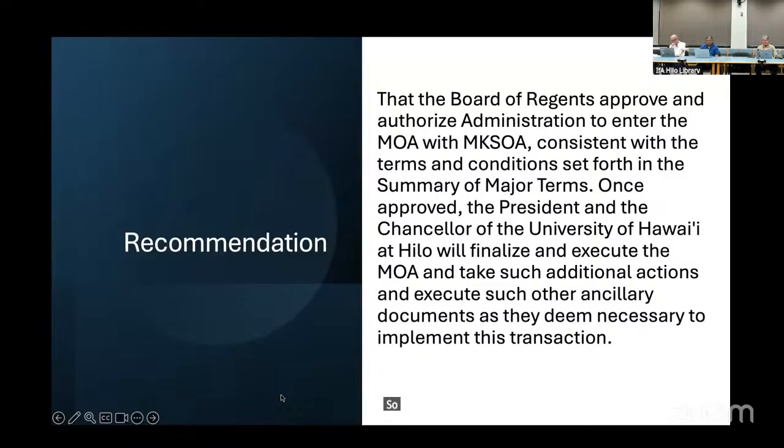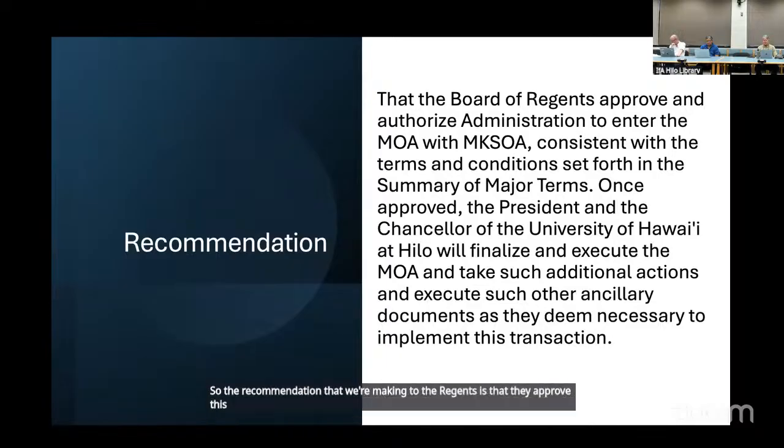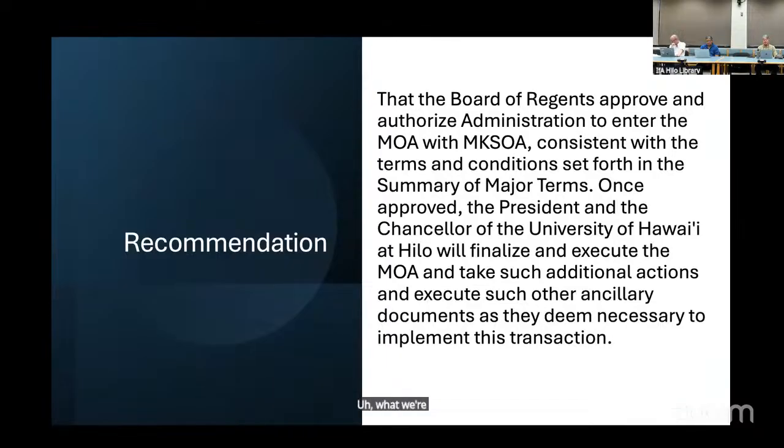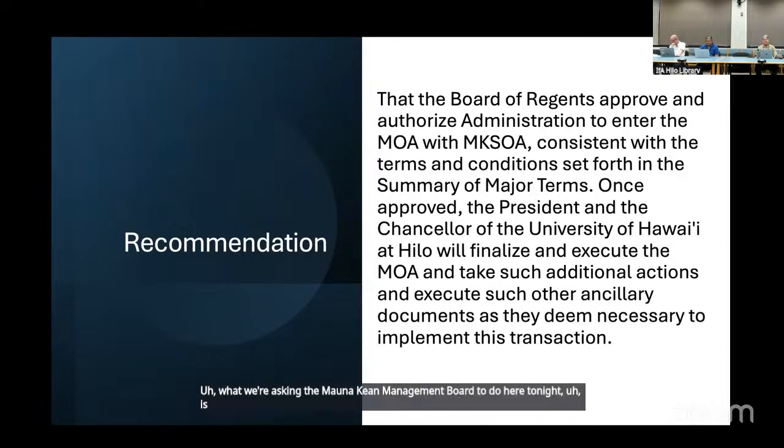So the recommendation that we're making to the regents is that they approve this MOA. What we're asking the Maunakea Management Board to do here tonight is approve a recommendation to the regents to approve the MOA.